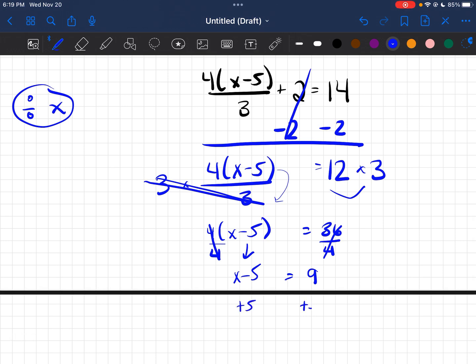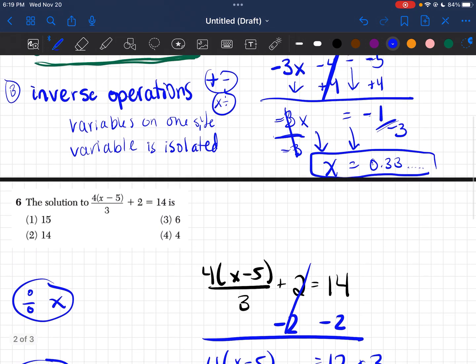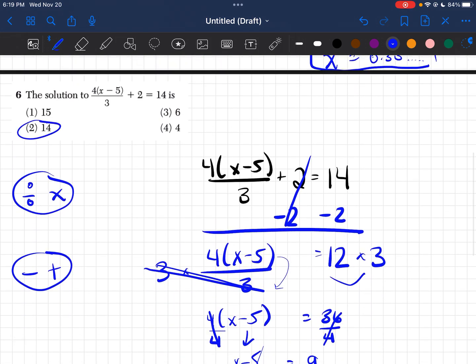So I'm going to add 5 to both sides because addition and subtraction are opposites. Negative 5 plus 5 is 0. And 9 plus 5 is 14. Bring down the x, and x is equal to 14. That is one of the answer choices.